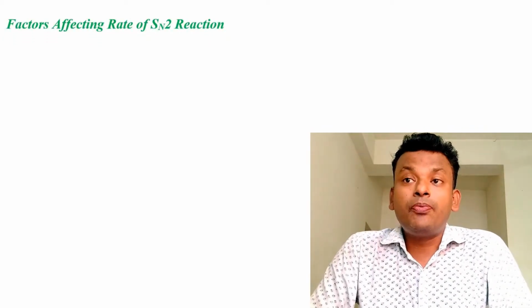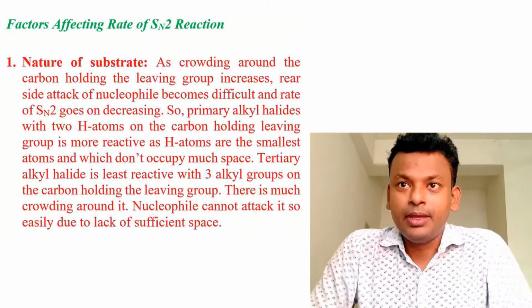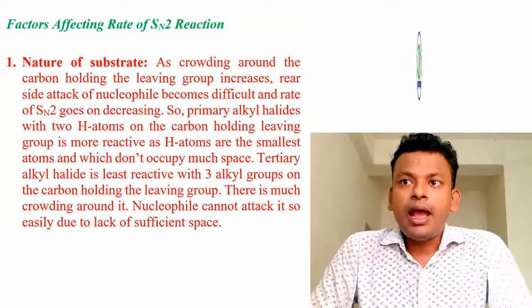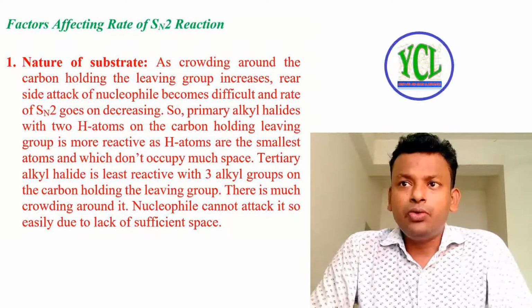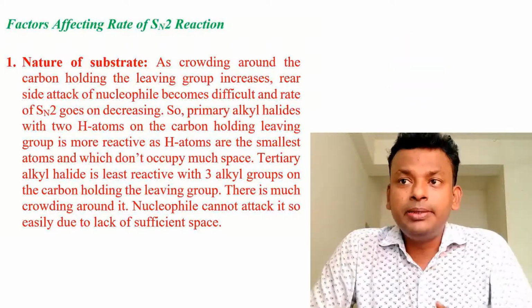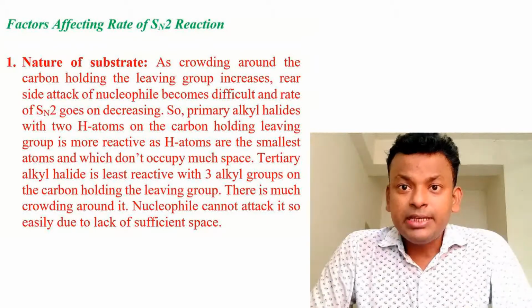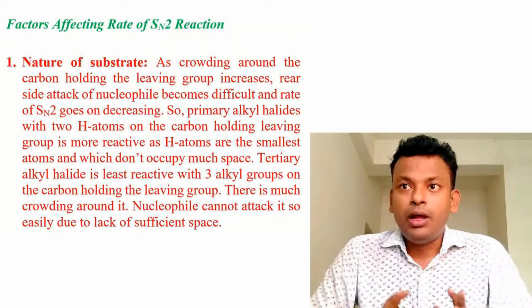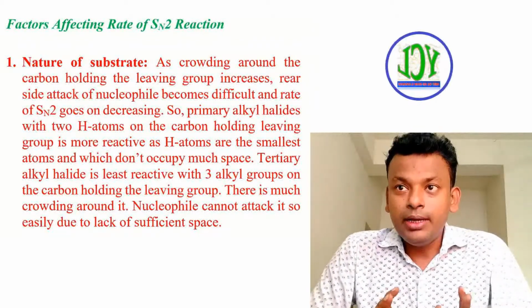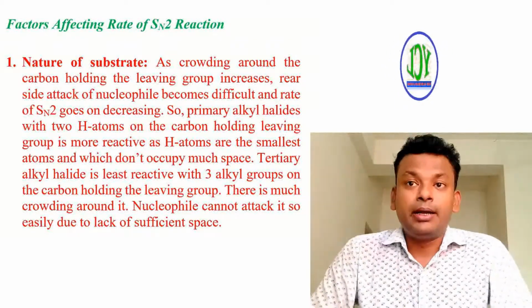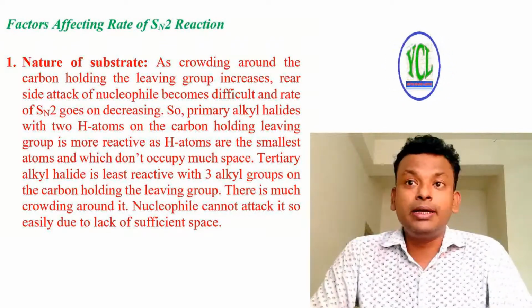And next, factors affecting the rate of SN2 reaction. First one, nature of the substrate. As crowding around the carbon holding the leaving group increases, rear side attack of the nucleophile becomes difficult. That means in the presence of bulky groups, crowding increases, rear side attack becomes difficult, and the rate of SN2 reaction goes on decreasing.